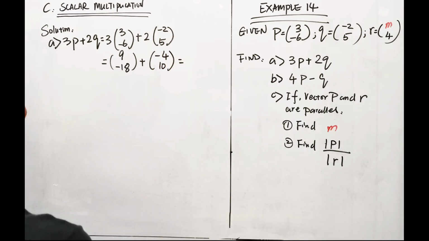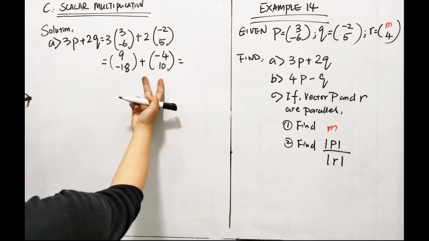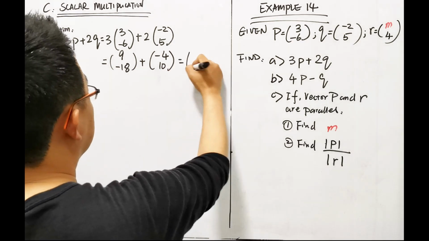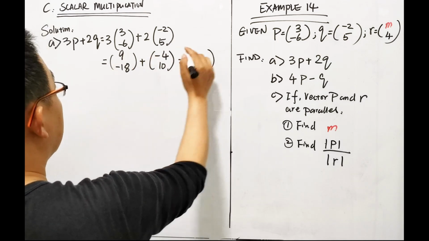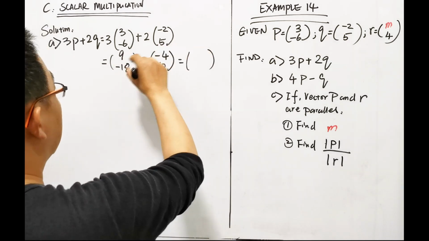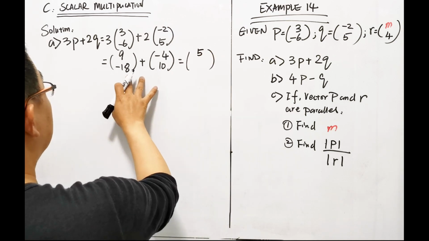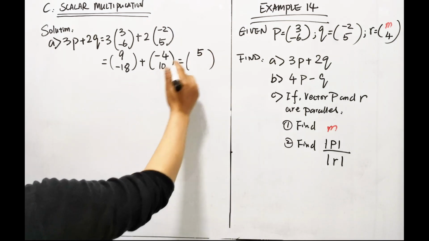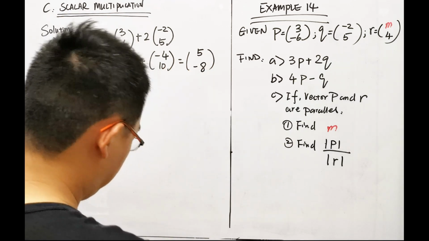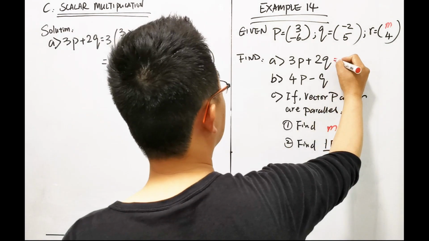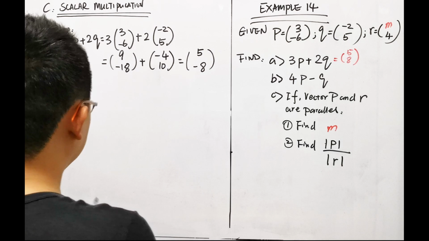Now it becomes a vector plus another vector. So the answer is 9 minus 4, which is 5, and for the other one, -18 plus 10 gives -8. So the first answer is (5, -8).